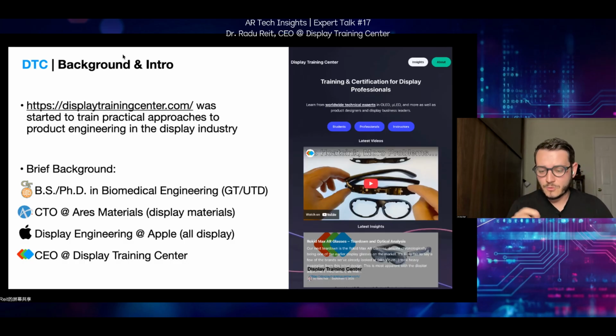And when I say fundamental problems, I don't mean just, how do we get a denser transistor density? How do we get a brighter OLED emission? It is significantly more complicated than that. It is a multidimensional problem that involves cost, involves manufacturing challenges, and of course, new technology introduction. And that is what essentially Display Training Center was founded to do for experts in our field.